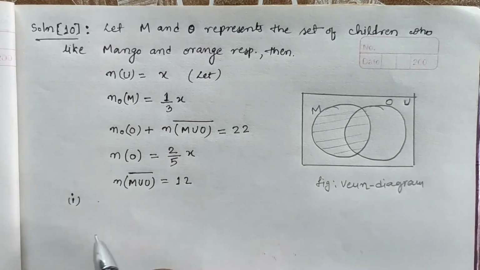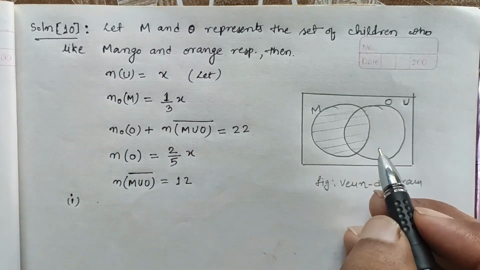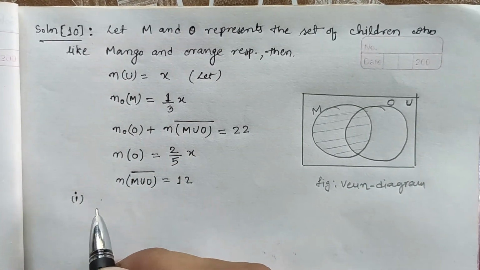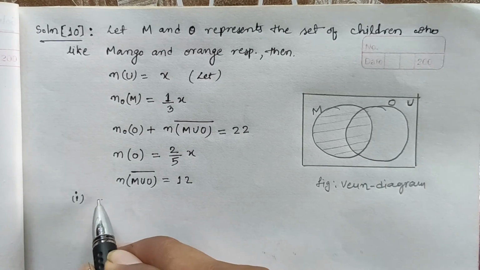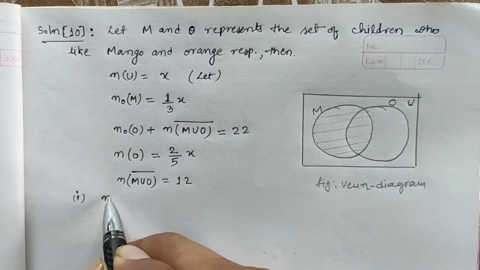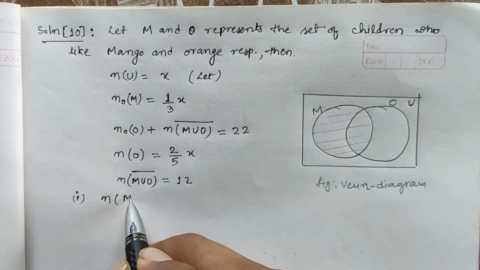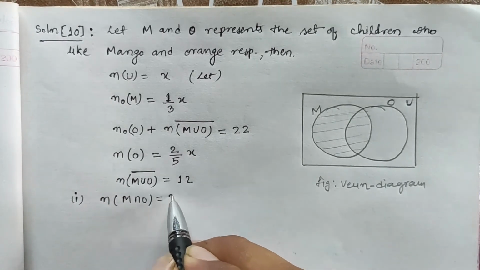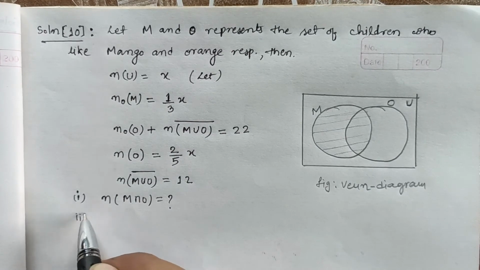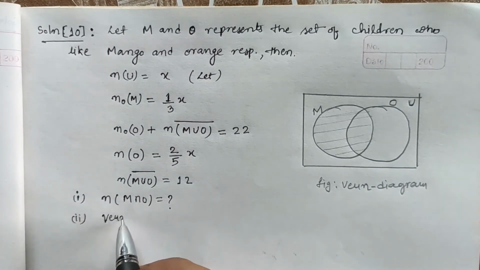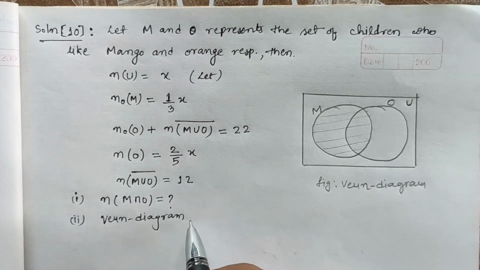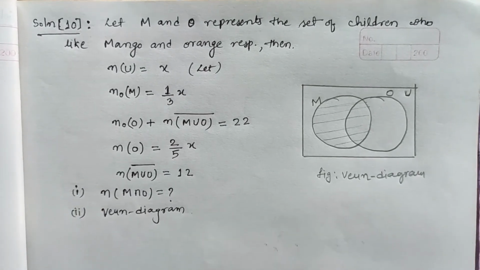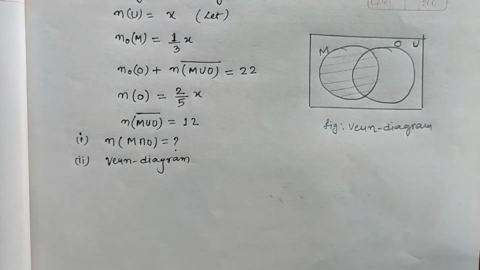So in the first case, you have to find how many children like both types of fruit, meaning you find the intersection, n(M intersection O). In the second case, you have to draw the Venn diagram. So now let's solve it.